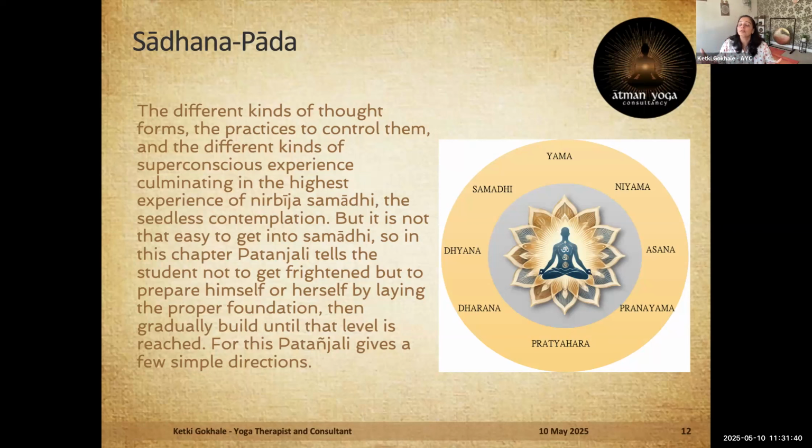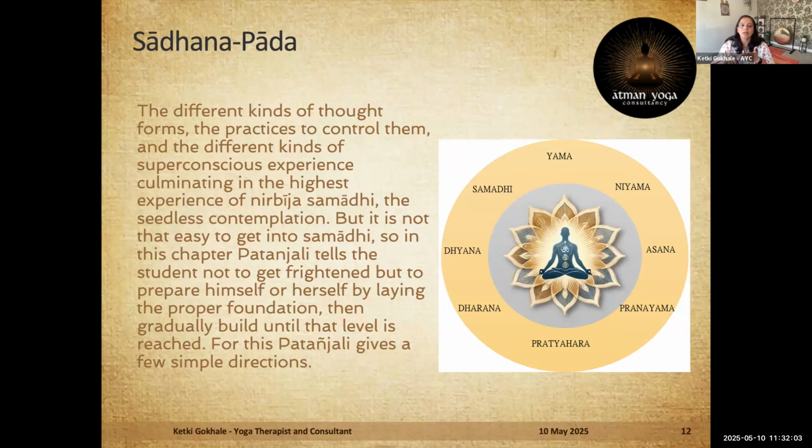Is it possible for everyone? Very difficult, correct? So the second chapter, Sadhanapada, deals with another two types of sadhanas. The first one is Kriya Yoga and the second one is Ashtanga Yoga.